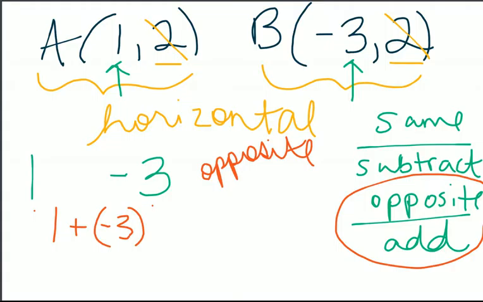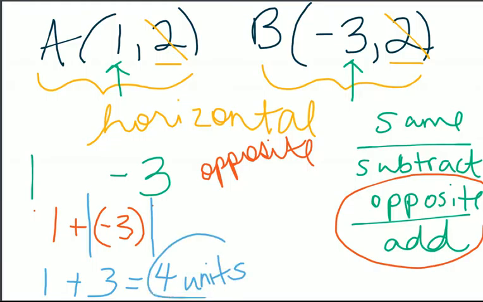Therefore, I'm going to take the absolute value of my negatives. And what's the absolute value of negative 3? It's positive 3. So what I've really got is 1 plus 3, which is 4. So there's my distance. The distance between A to B is 4 units. There's my answer.